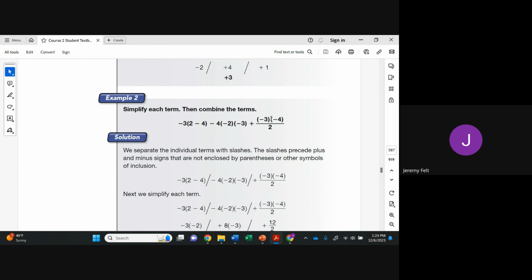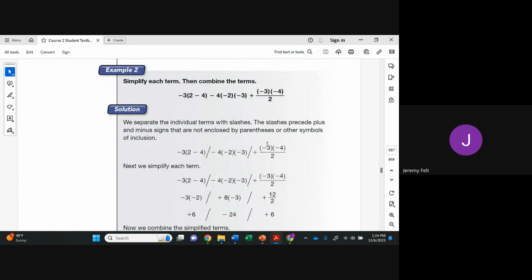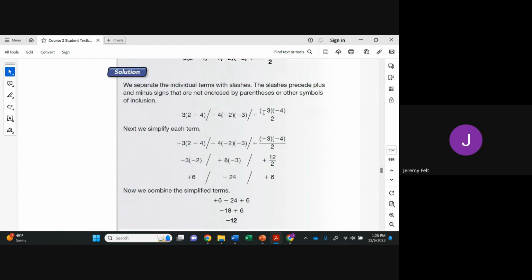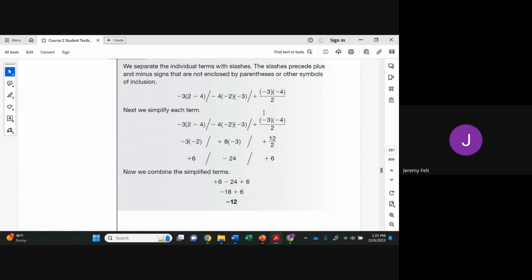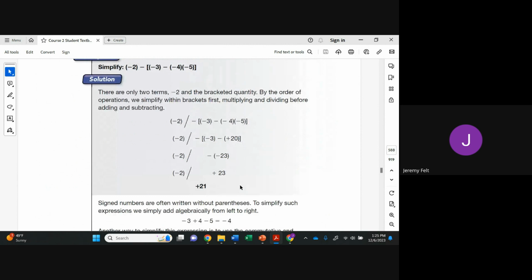And this one is -3 times -4, which is +12 divided by 2, which is +6. So if we break it apart, we had 6 minus 24 plus 6 right there. Then once we have it to where it's just all addition or subtraction, we know how to work from there. So 6 minus 24 is -18, plus 6 is -12.